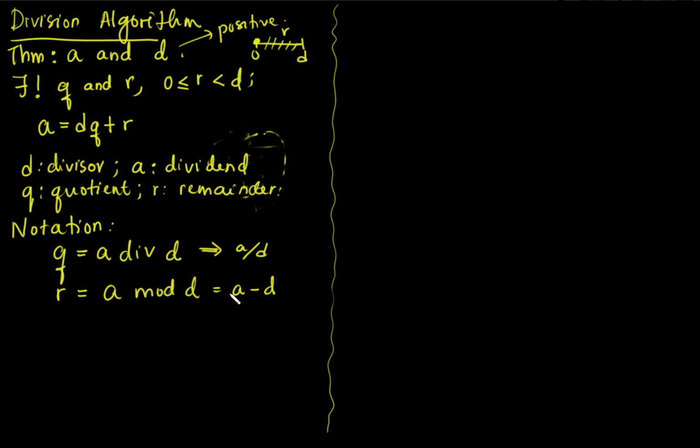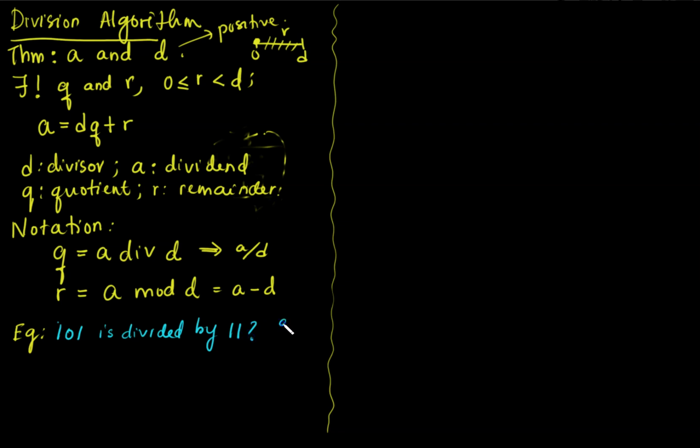So let's take a look at an example so that you will get a better understanding of what this means. Suppose you have the question: what are the quotient and remainder when 101 is divided by 11?